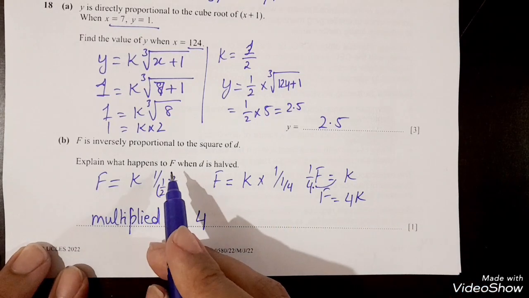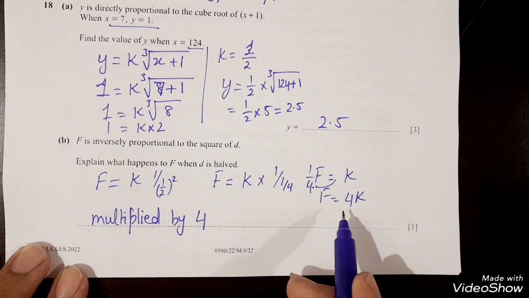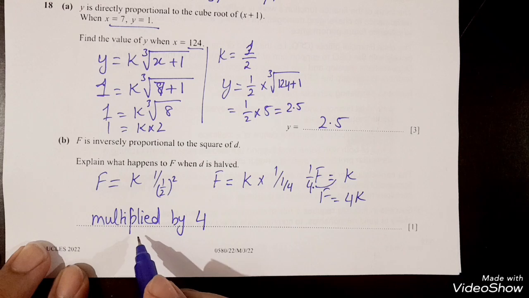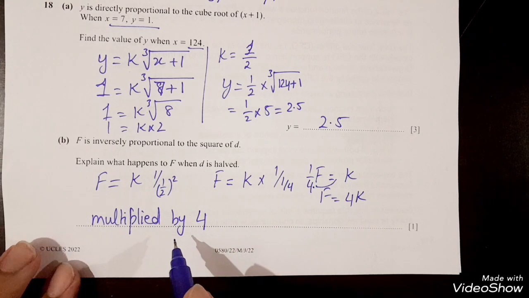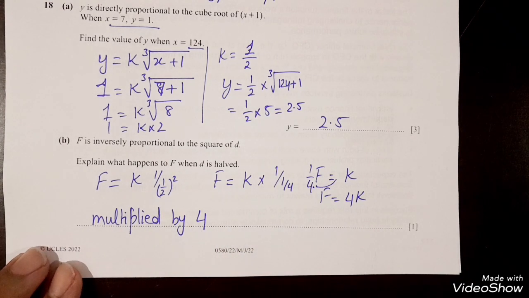So what happens to f when d is halved? f will be multiplied by 4. So we will write it like this.